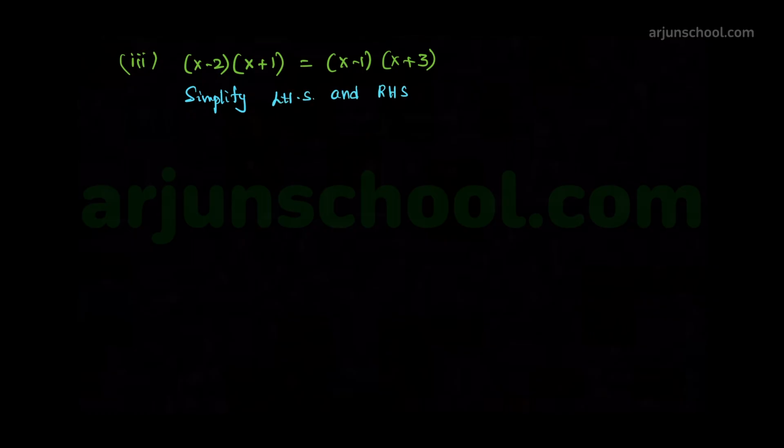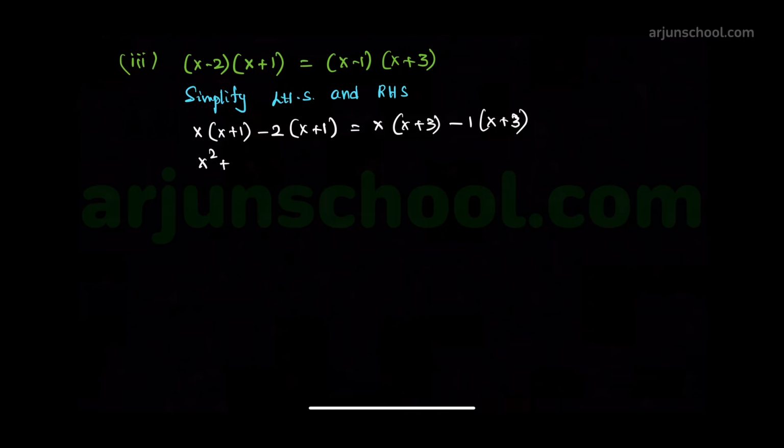Problem 3. X minus 2 into x plus 1 is equal to x minus 1 into x plus 3. Let us simplify the LHS and RHS. X into x plus 1 minus 2 into x plus 1 is equal to x into x plus 3 minus 1 into x plus 3.